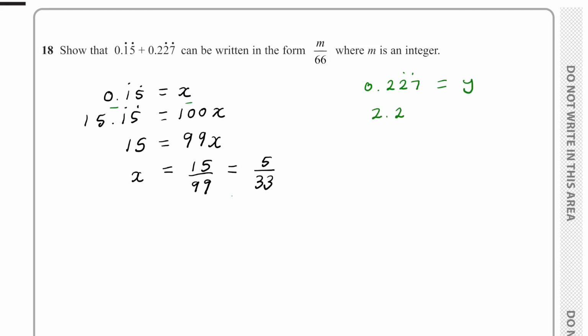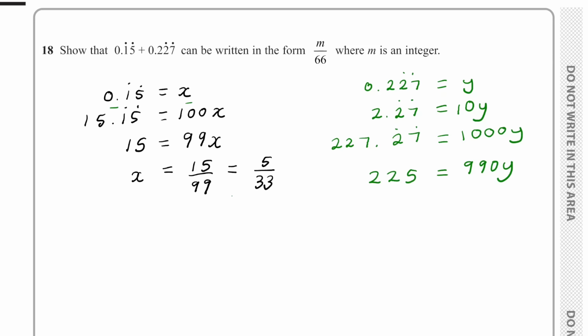I'm going to have to times it by 10 to get one thing that ends in the 272727, and times the original by 1,000 to get 227.272727. 1,000 take away 10 is 990. 227 point something take away 2 point something is 225. So we've got 225 over 990.